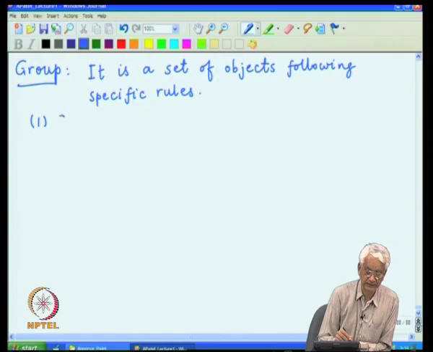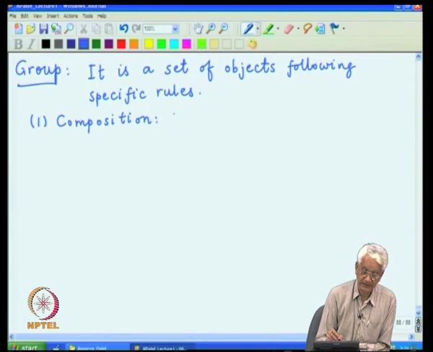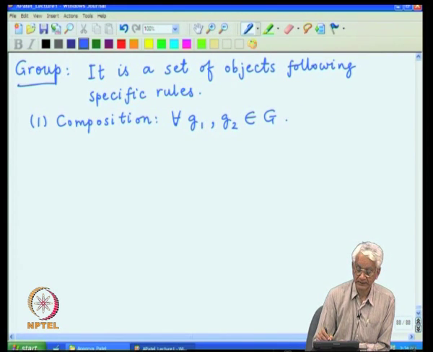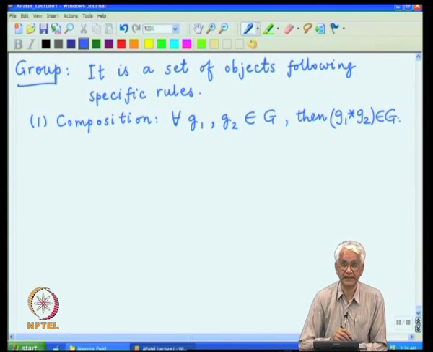The first rule is a law for composition, which states that if there are two elements G 1 and G 2 in the group, then the product element, which is denoted by G 1 times G 2, also belongs to the same set.